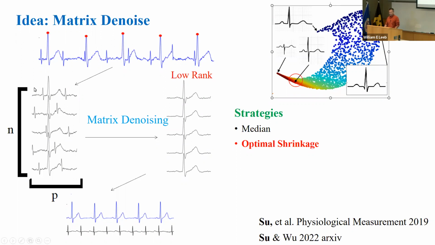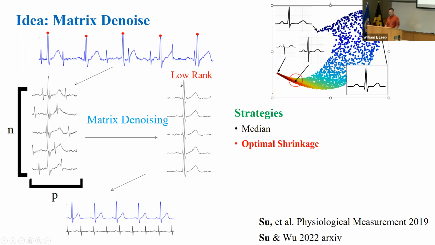N is the number of rows of the matrix, and P is the number of columns. Then we want to apply a matrix denoising method to recover a low rank matrix that contains only the mother's heartbeat cycle.